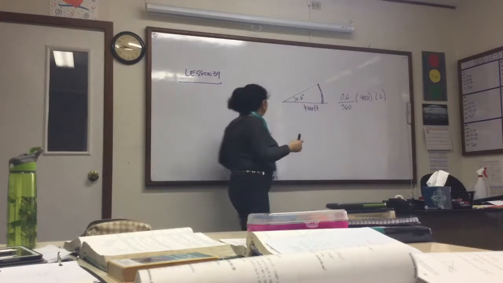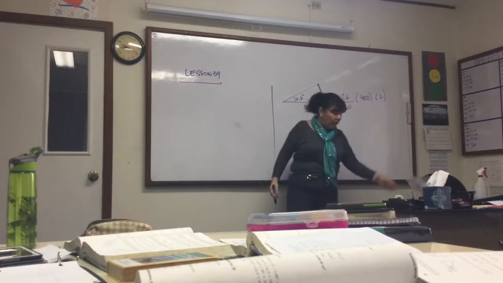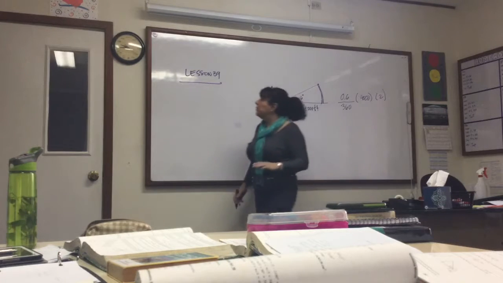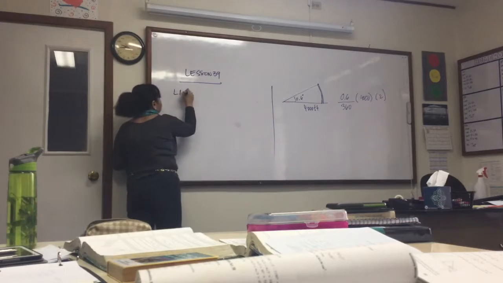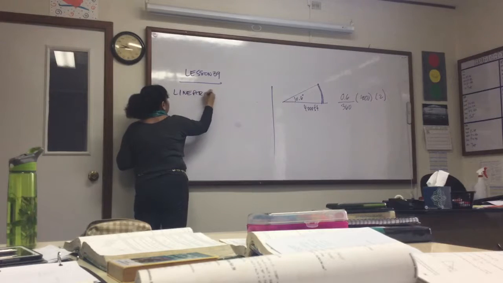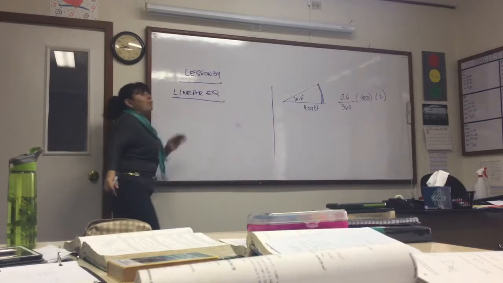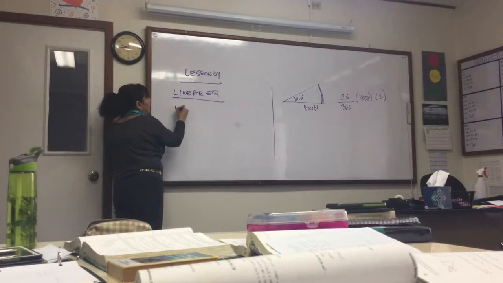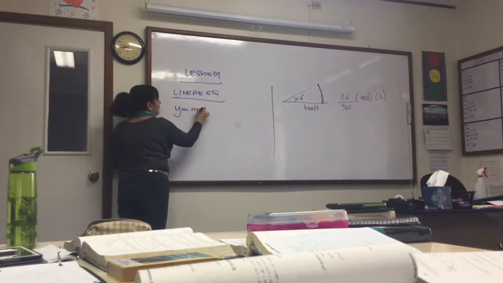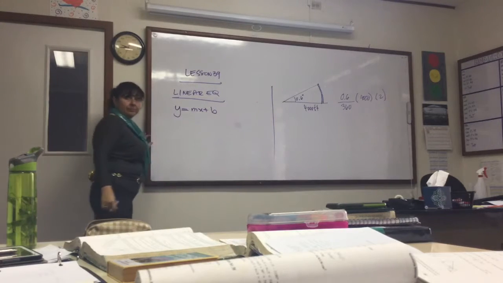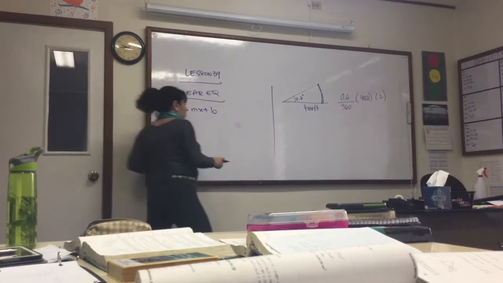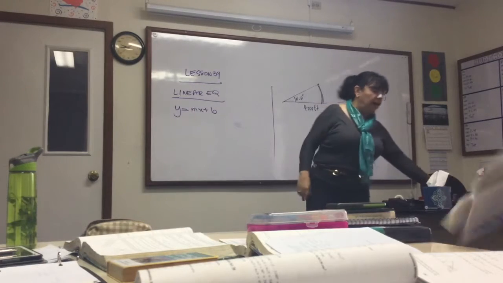I'm not going to erase. And I need to go on to the forms of linear equations. So far, we've worked with this one and this one only. Right? This one is called the slope-intercept form of a line.